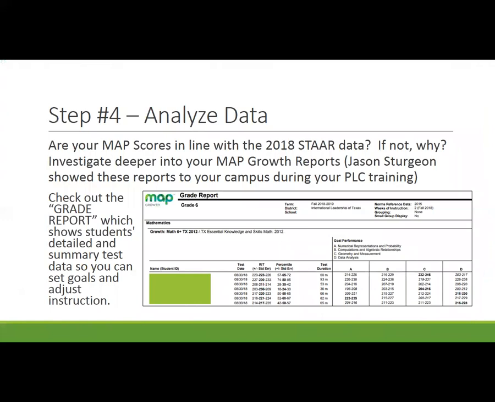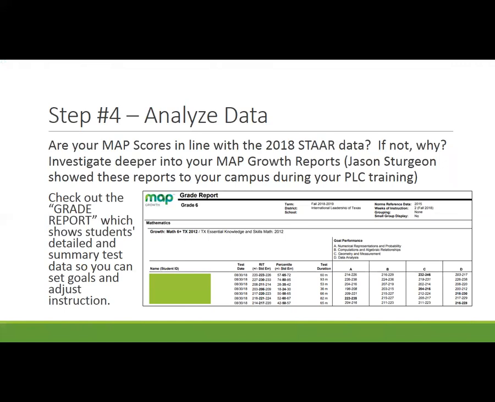You should be asking yourself some questions. Are your MAP scores in line with your 2018 STAR data? If not, why would that be the case? You can investigate deeper into your math by going into your MAP growth reports. Jason Sturgeon, the district testing coordinator, came to your campuses and showed you how to do this during PLC towards the beginning of the year.